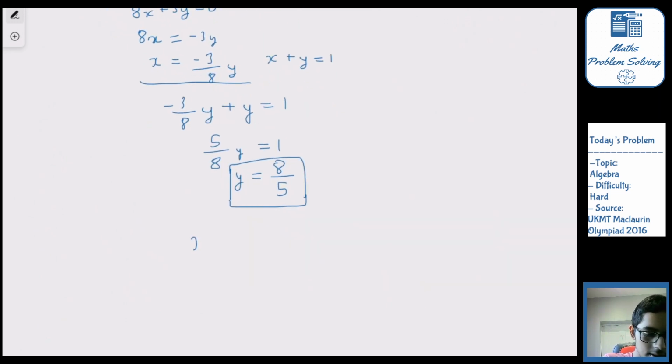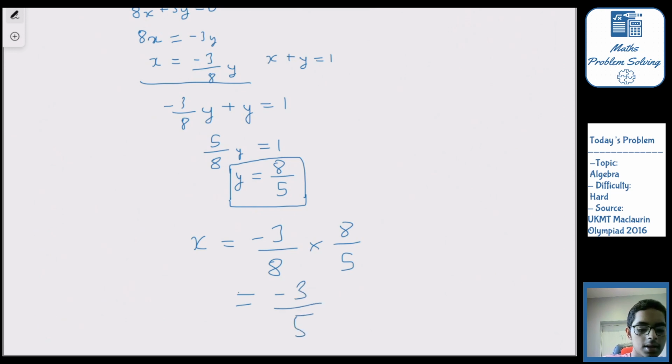So x equals minus 3/8 times 8 divided by 5, which equals minus 3 divided by 5. So now we have one for x as well. So y equals 8 divided by 5, and x equals minus 3 divided by 5.